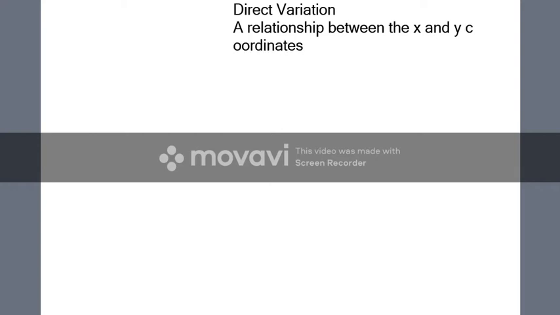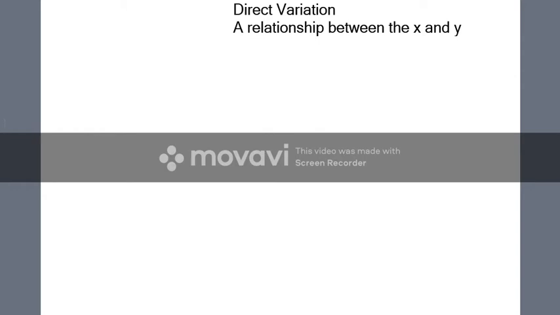So, a definition, right? A direct variation equation is a relationship between the x and y coordinates.